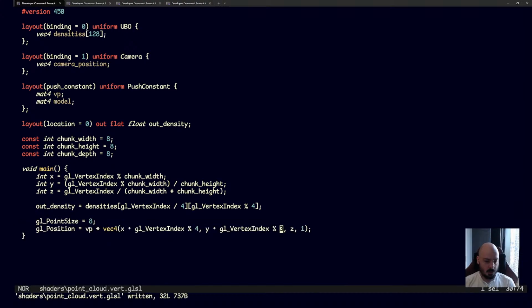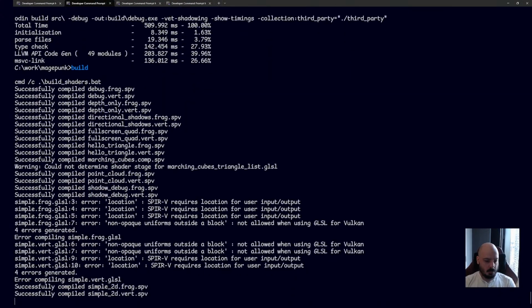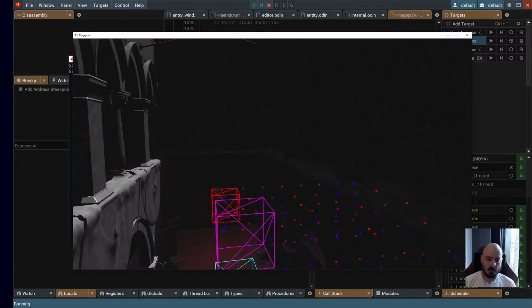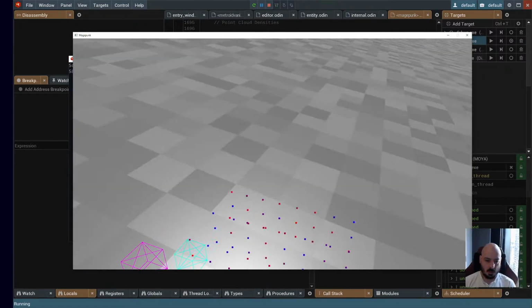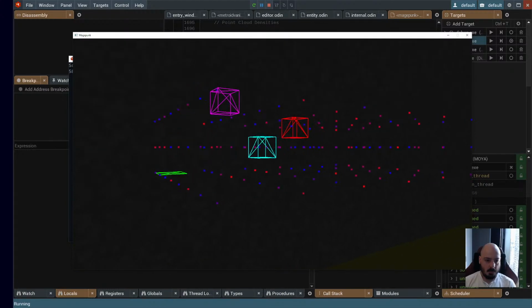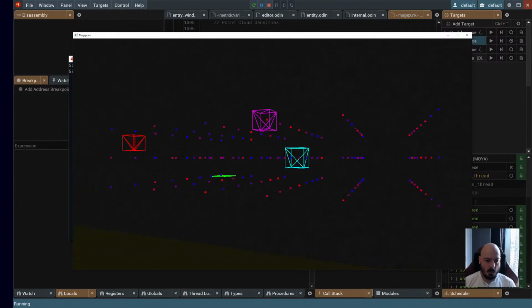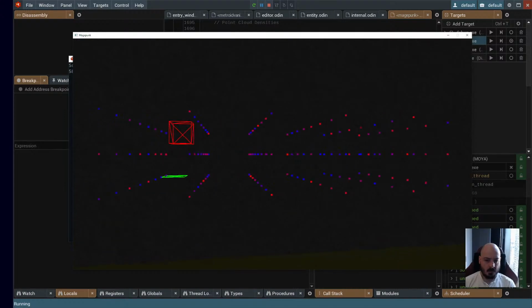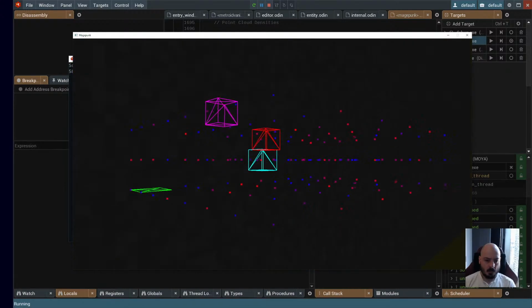Maybe I'll do like mod 3, so it'll be a little bit off. Yeah, I just wanted to see if there are more values. Okay. That's odd.